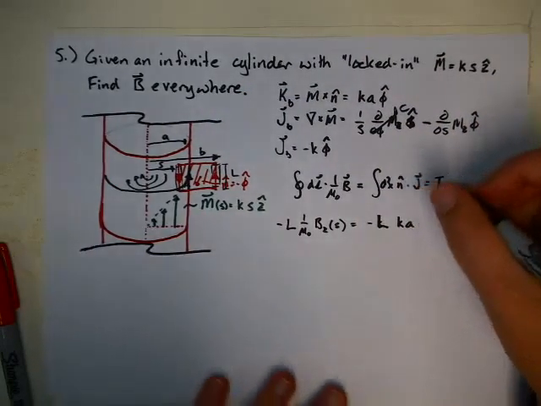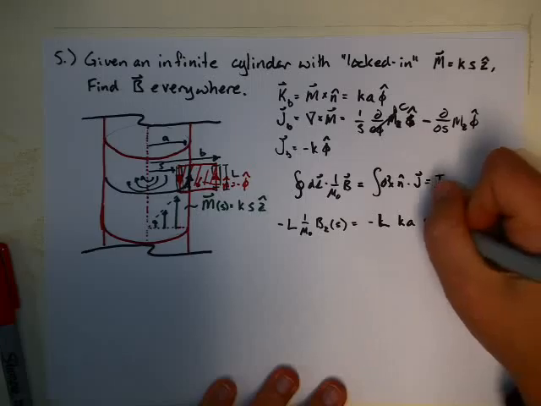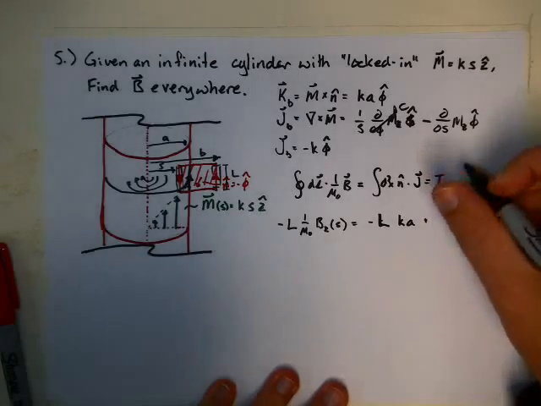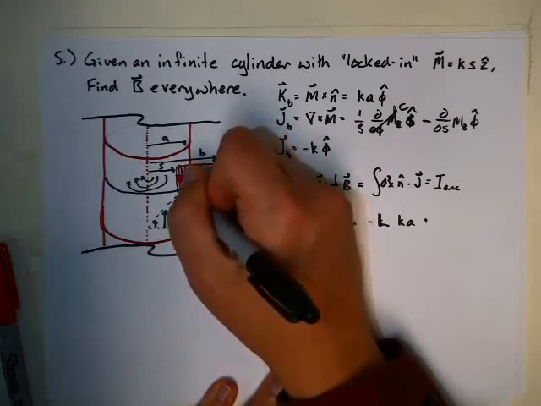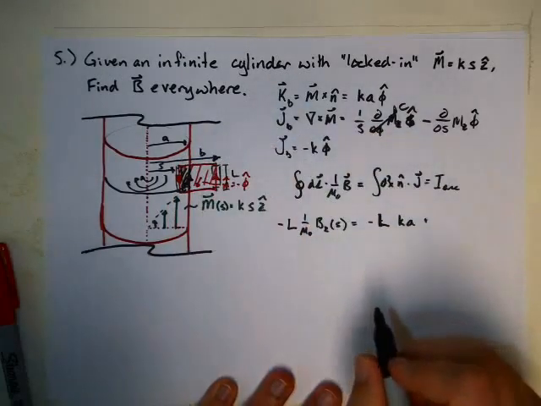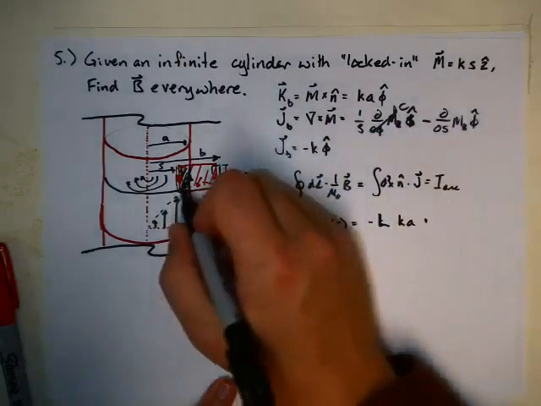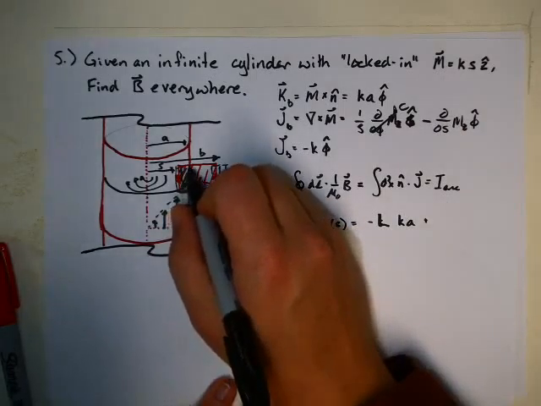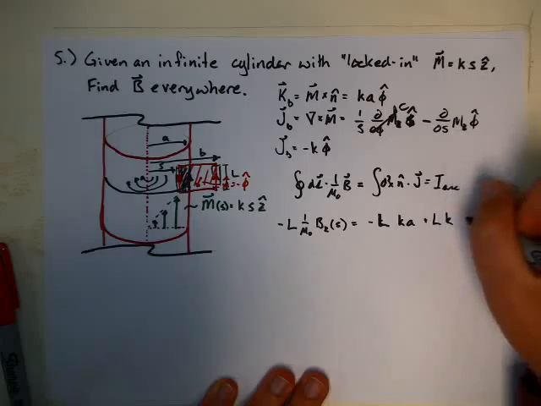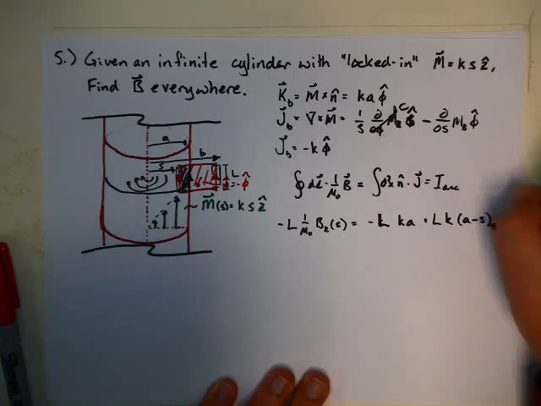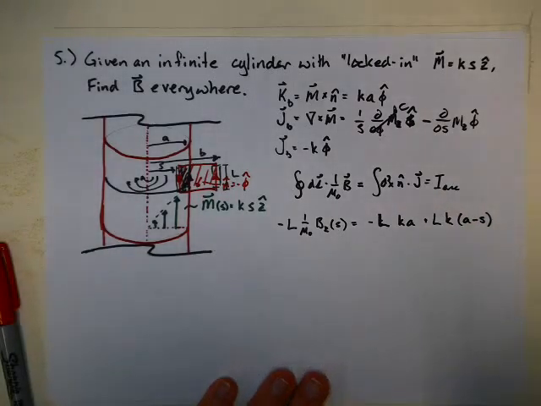And then we're going to get in the positive direction plus the stuff that goes through here. So I have to multiply this volume current, which is minus K, times this area. This area is a minus s times L. So this will be L times K, and then a minus s.